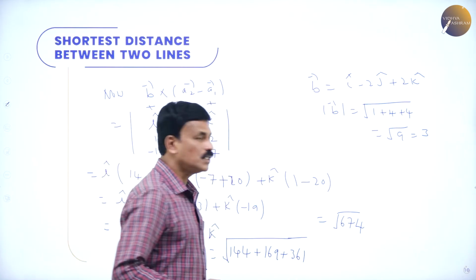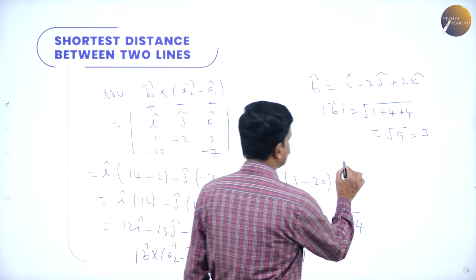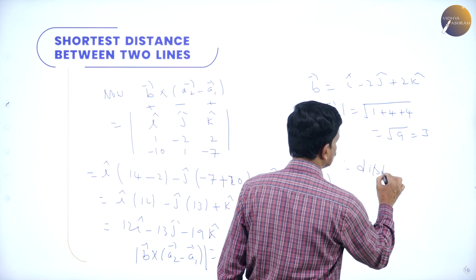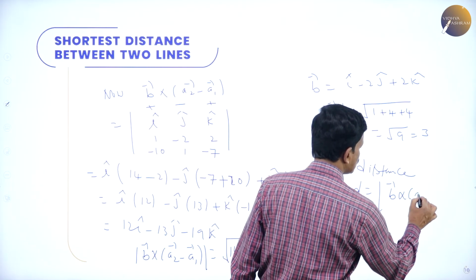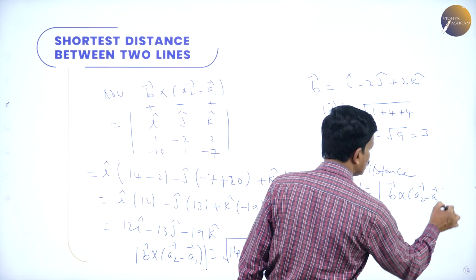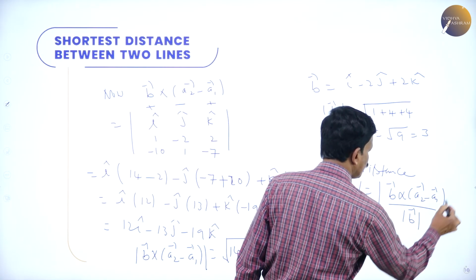So the distance D is equal to the length of B cross (A2 minus A1), divided by the length of vector B under mod.